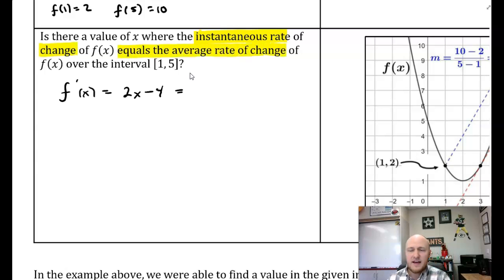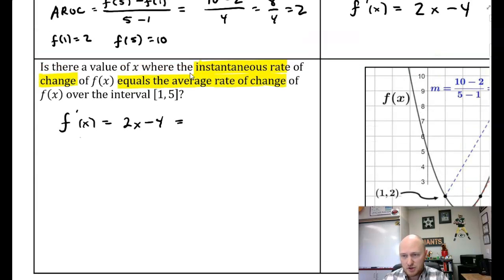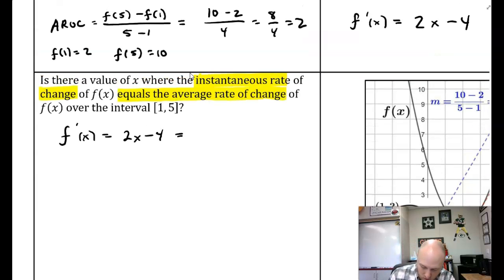Now remember, on that interval, our average rate of change, what we just found, was 2. So is there a spot where my instantaneous rate of change equals my average rate of change? And now, a couple of ways I can solve this. I'll add 4 to both sides, so we get 2x is equal to 6, and thus x is equal to 3.